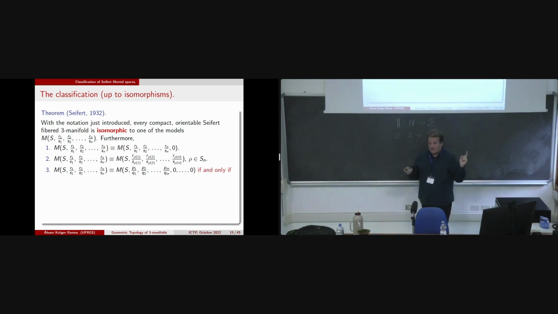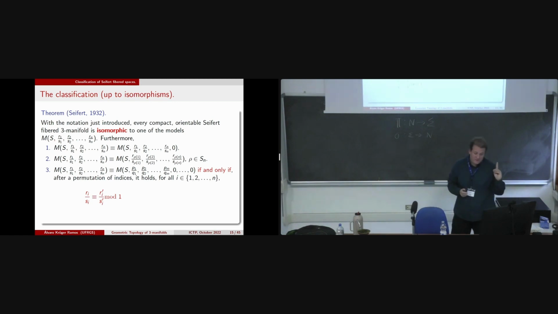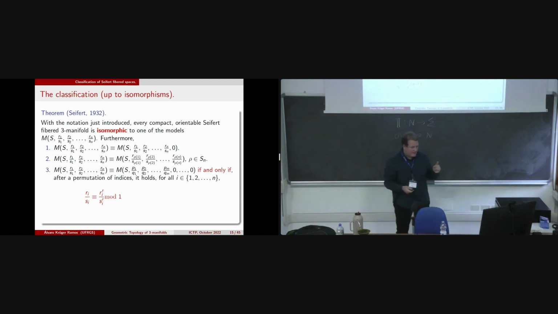And we have a classification of when two of these things are isomorphic. Two of these things will be isomorphic if and only if, first, after a permutation of indices, and here I am adding 0, 0, 0, because the number n could be different from the number m in principle. So that's why you have zeros here.